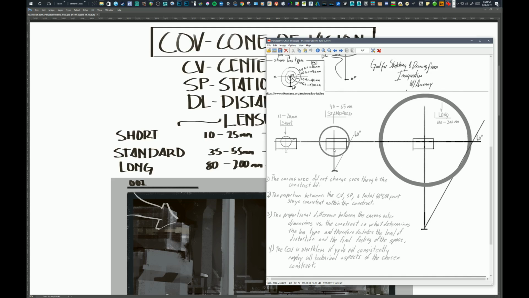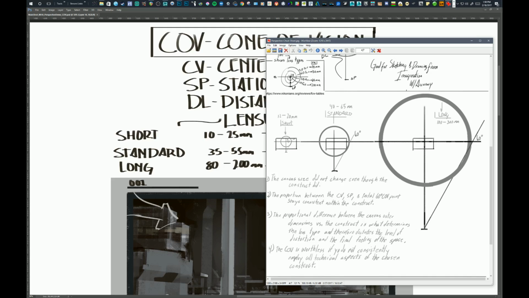I know that if my canvas is hugging the 60-degree cone of vision, I'm looking at something like a 30 to 35 millimeter lens. So if I say that this is 100 millimeters and this here in relationship to the cone of vision is 30, then somewhere in between would be 65 and so on, right?